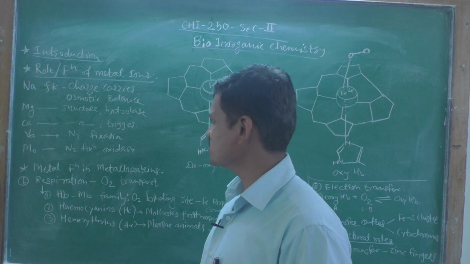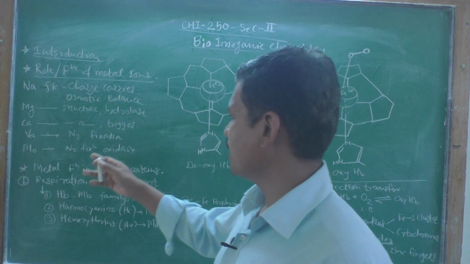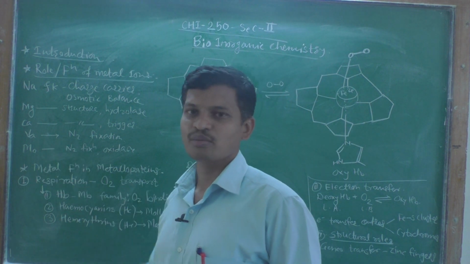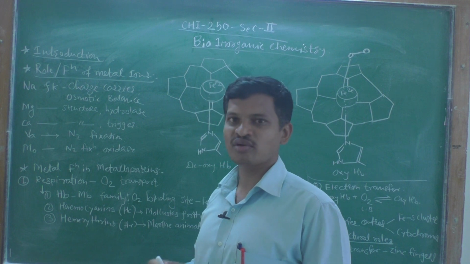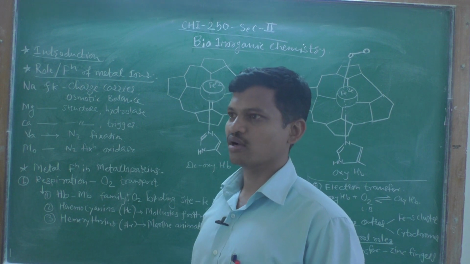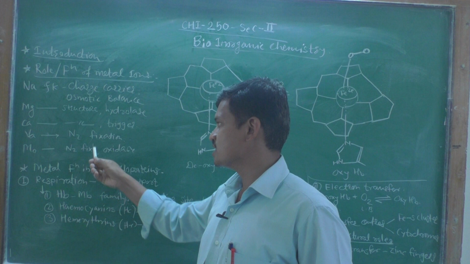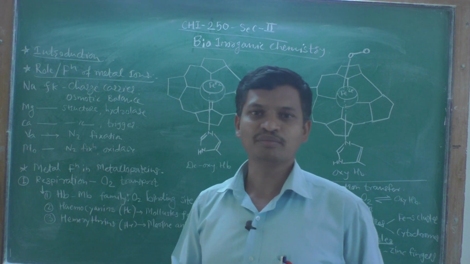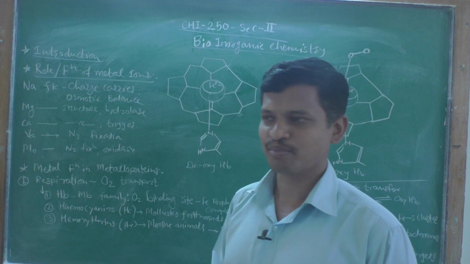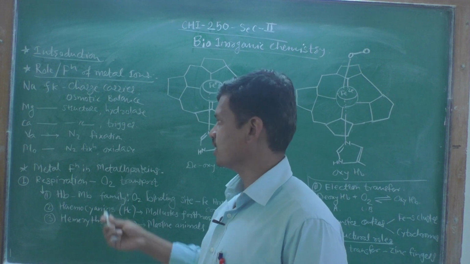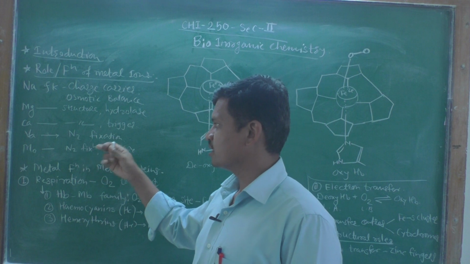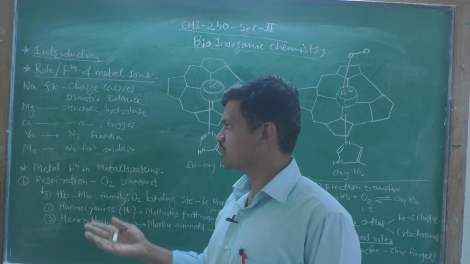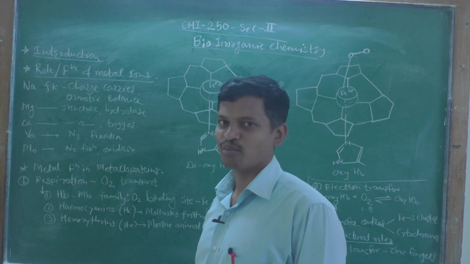Then the next one is vanadium. Vanadium and molybdenum, both these metal ions or metal atoms, are important in one of the most important physiological processes, that is nitrogen fixation in the plant world. Nitrogen fixation is regulated mainly by vanadium and molybdenum.